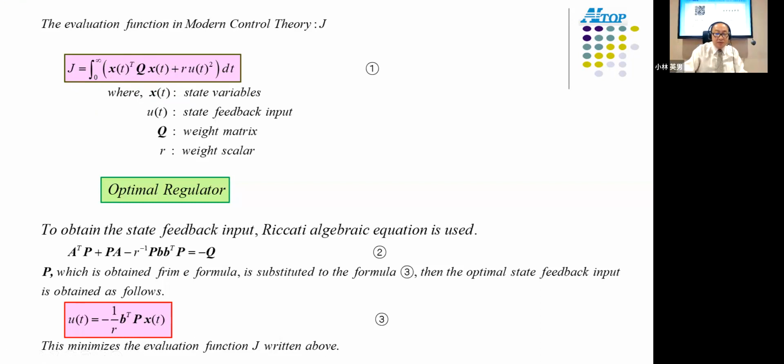In modern control theory, it's complicated, so to make clear each situation and the control systems, we use state variables.